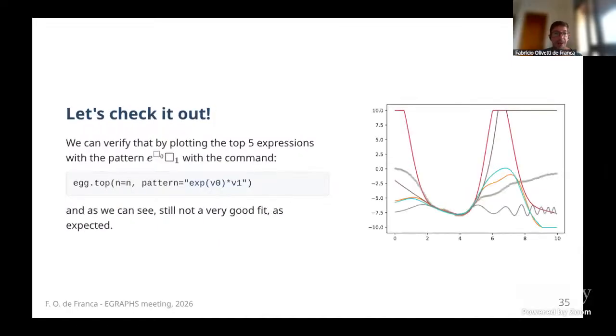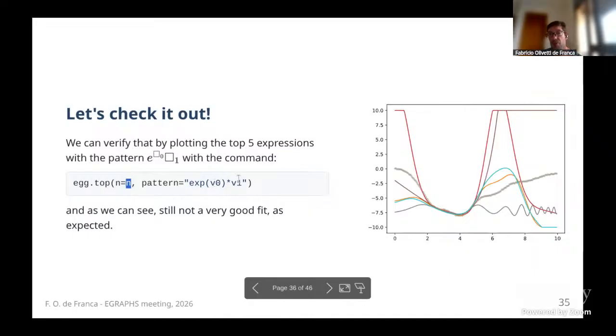And we can say something like this. Let's say I want to get all the expressions that contain the pattern e to the power of something times something, right? So this here is the pattern: match all variable 0, match all variable 1. So we can apply this command here, get the top n expressions with the pattern exp of v0 times v1.